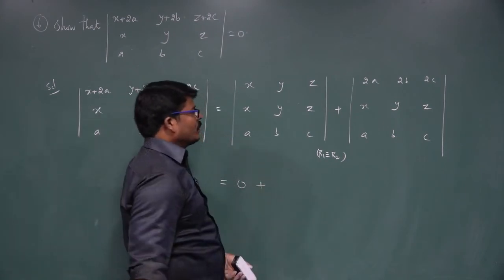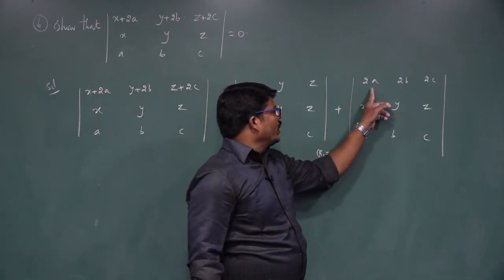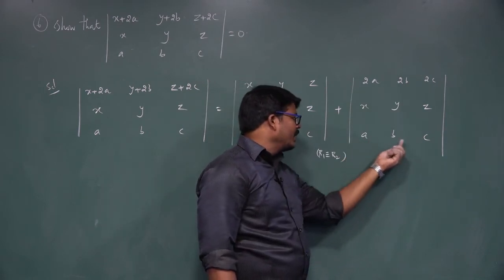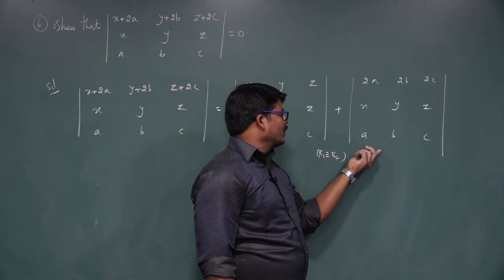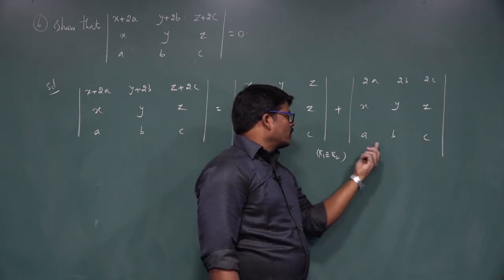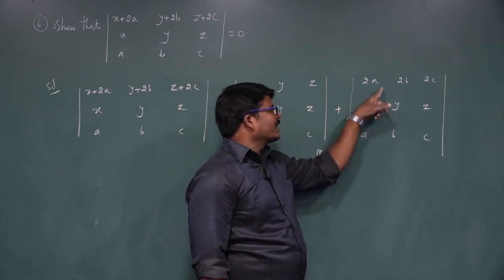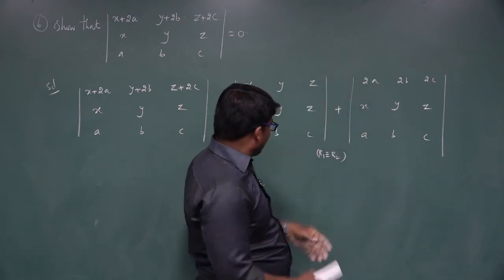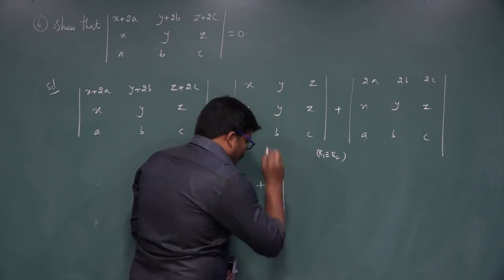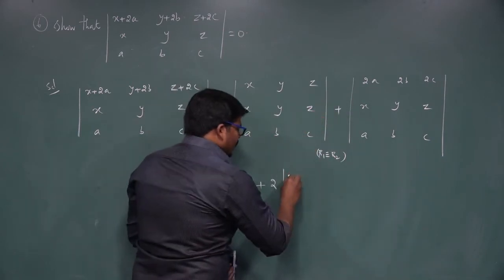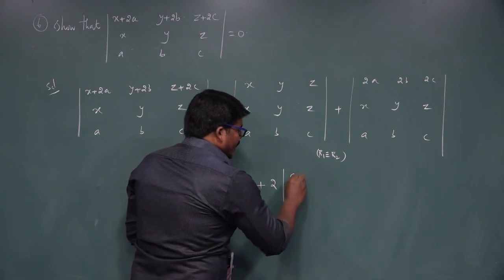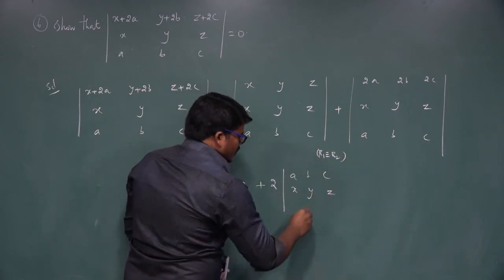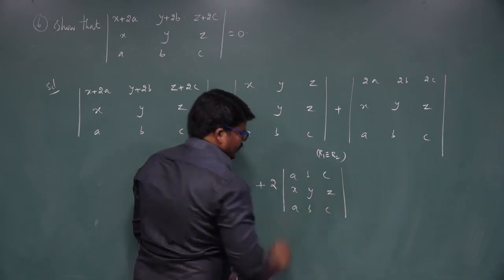Plus, next one, the determinant with 2a, 2b, 2c. Using the property, taking the common value 2 outside from the first row, we get a, b, c, x, y, z, a, b, c.